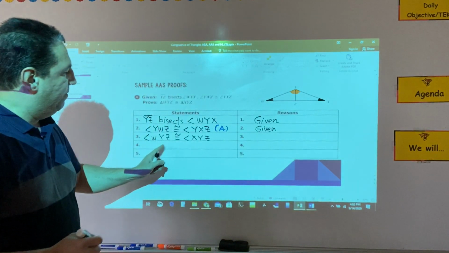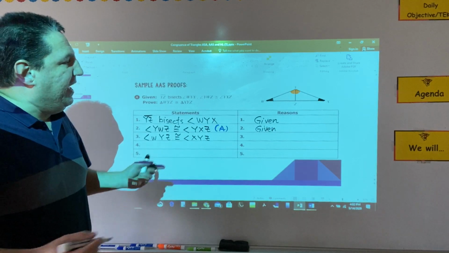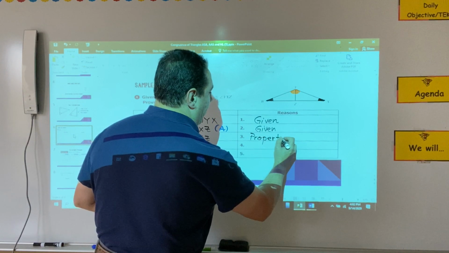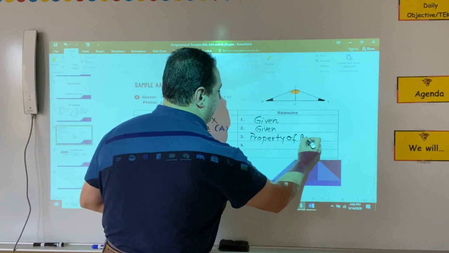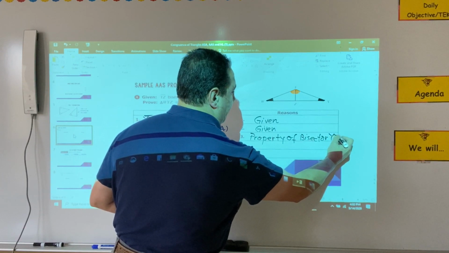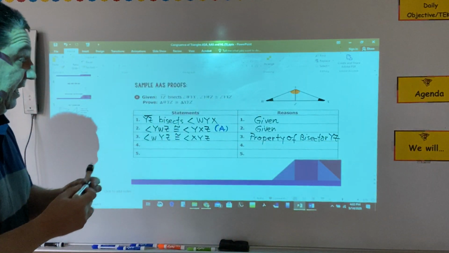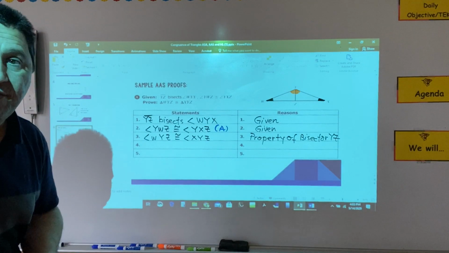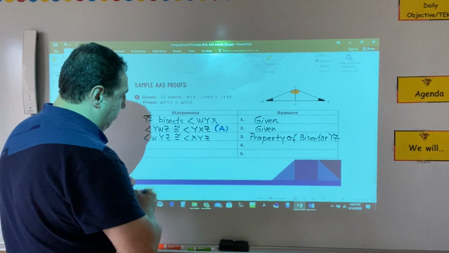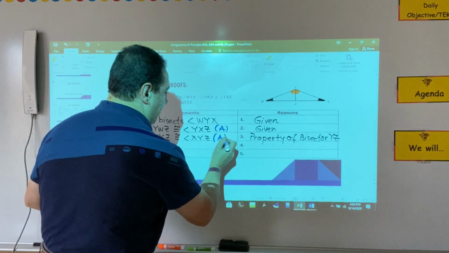And here they are congruent because of the property of bisector YZ. So we have the second A in this name. Yeah? So let's put the second A here.